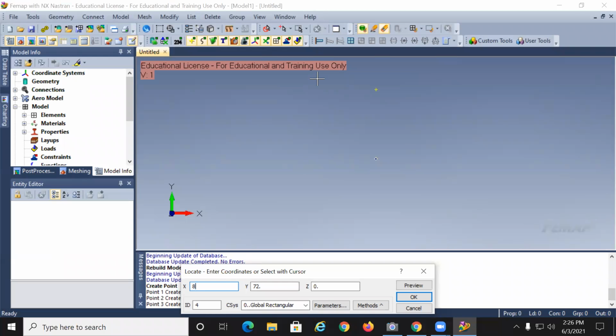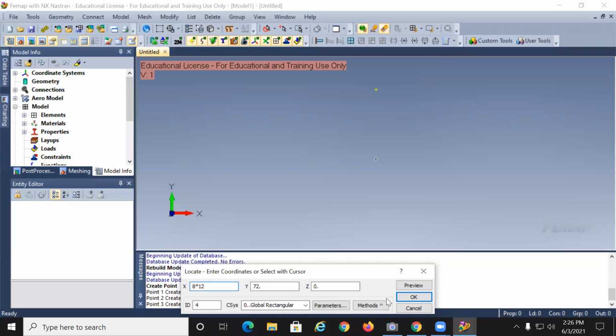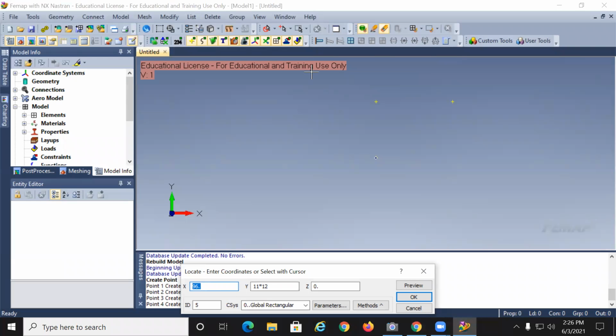I mean, help me a little bit here. 8 times 12. Is that correct? Let me double check. Yeah, 8 times 12. Okay, now at 11 times 12, we're going to have, what is it? 5 times 12. On the X or the Z was? Z, okay. 5 times 12.